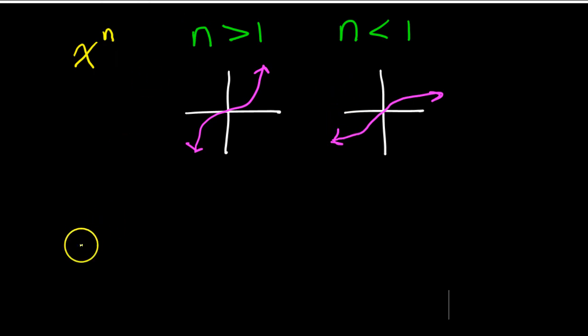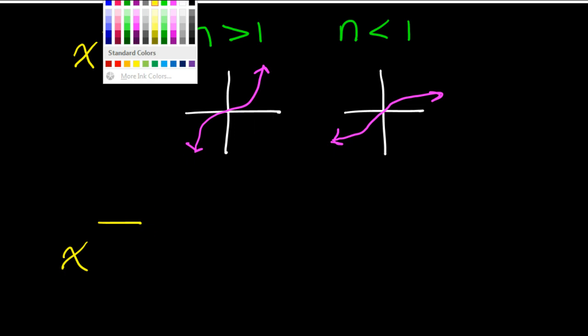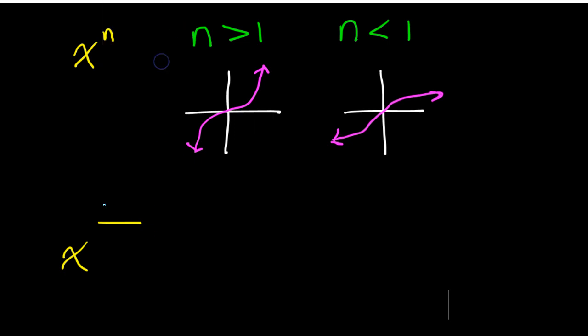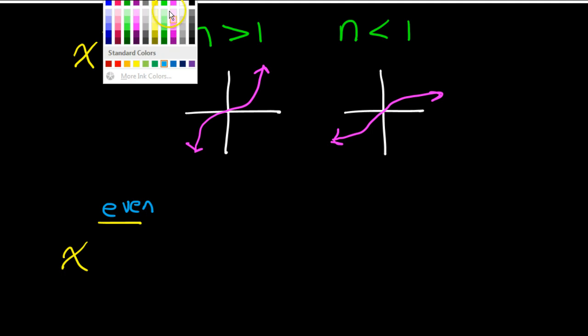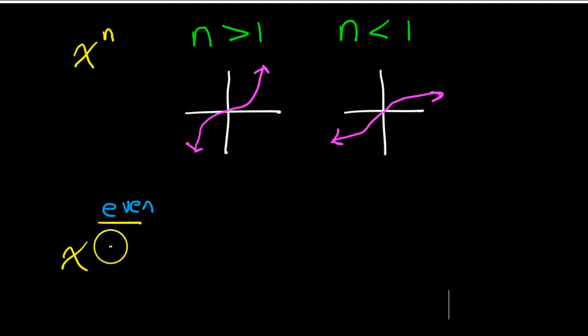Now, a lot of times we're going to be dealing with an n that is a fraction. So we're going to have an even number over an odd number. Okay?